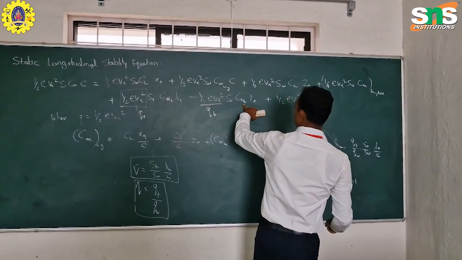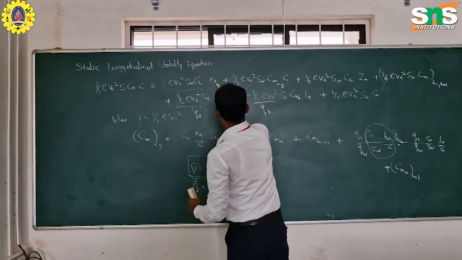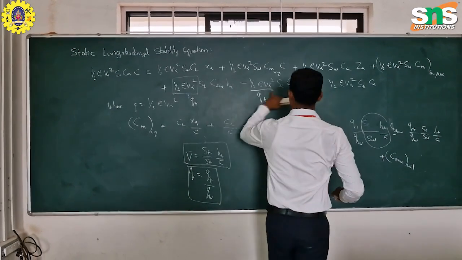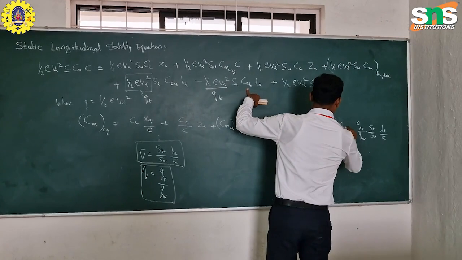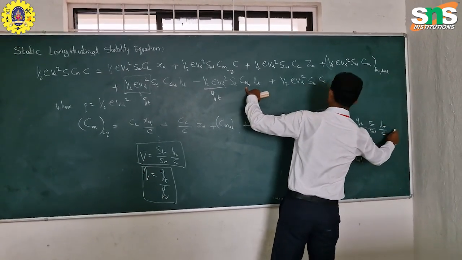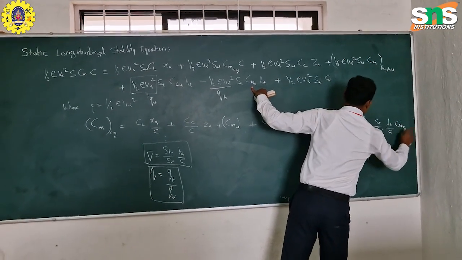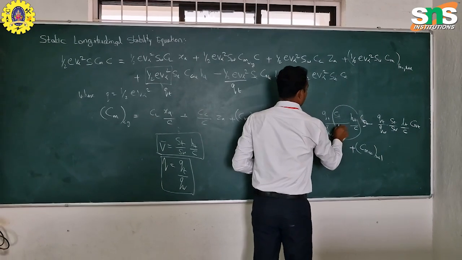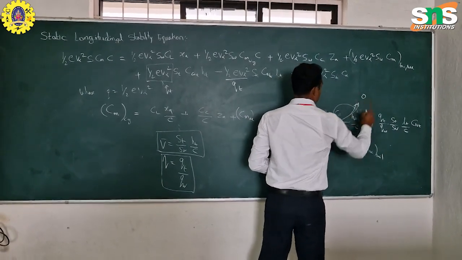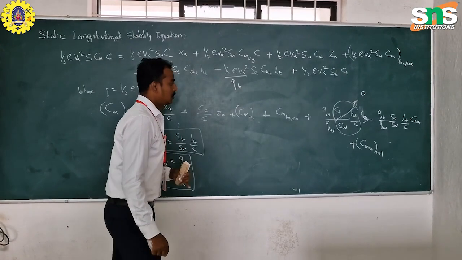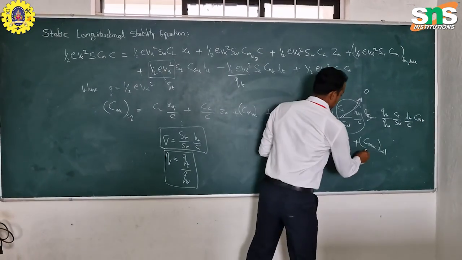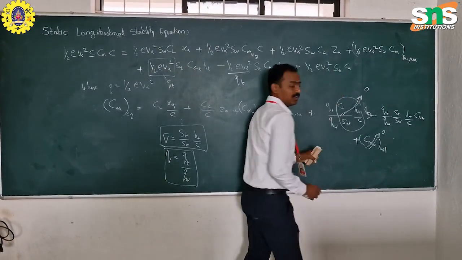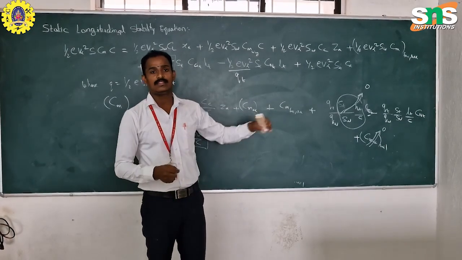This is the chord-wise force and this is the normal force. So this chord-wise force, and this term that is the coefficient of normal force, is very small, so we will neglect this as 0. Also the tail moment is very small and we are neglecting that also as 0.